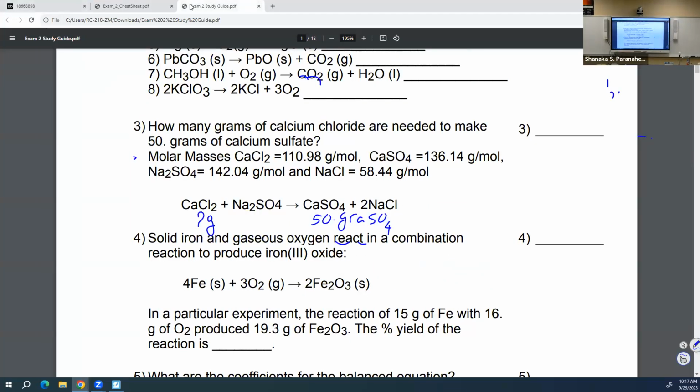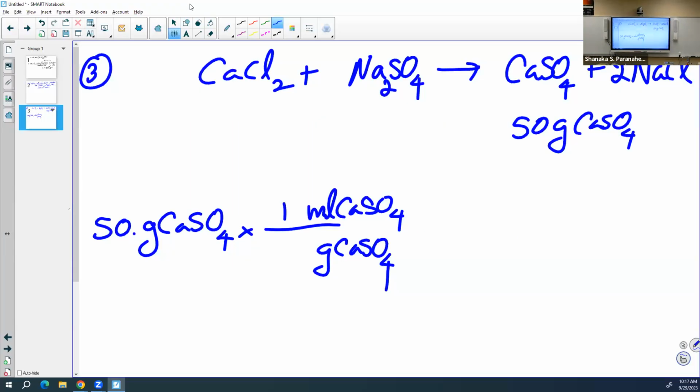So molar mass of calcium sulfate is given, 136.14. So you don't need to calculate that. It's given in the question. So we're going to use that value. 136.14.